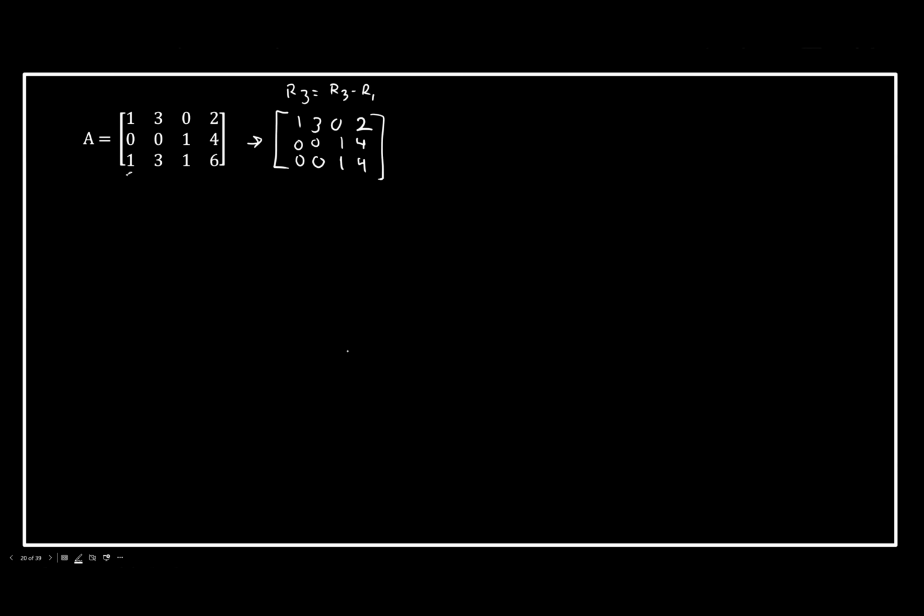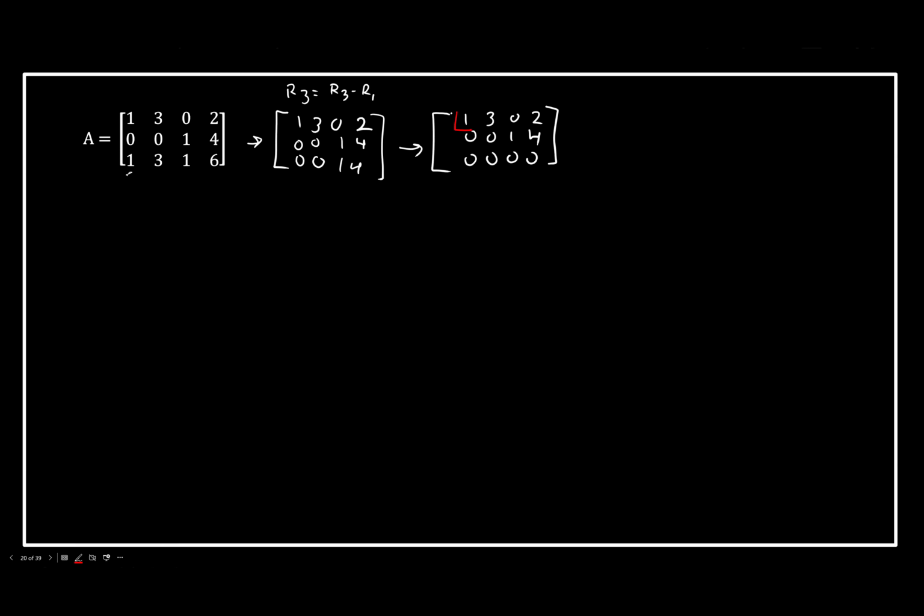Okay. Then we notice that these two rows are the same. So we can just do one minus the other, and we'll get a row of zeros. Okay, so now I'm going to outline what I was talking about just a second ago, these pivots.